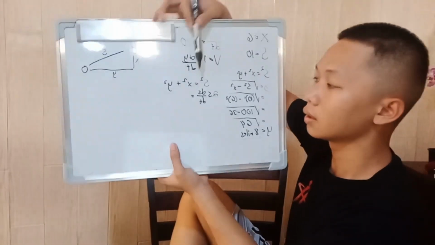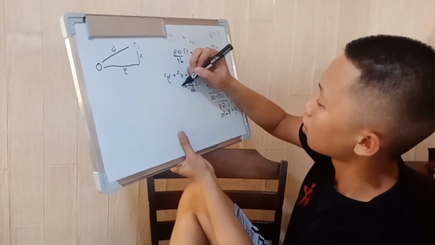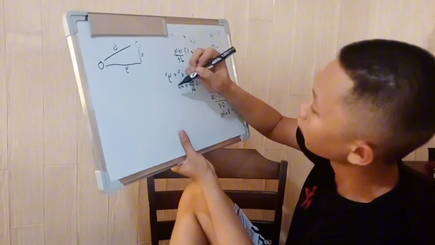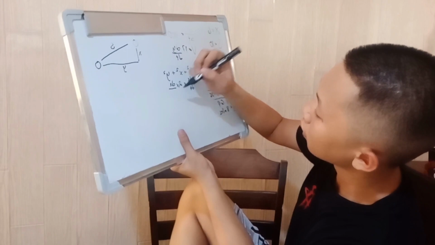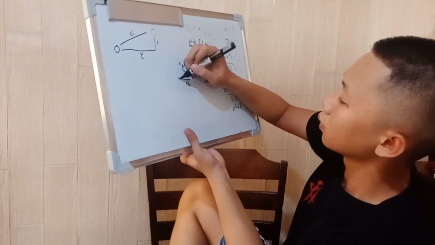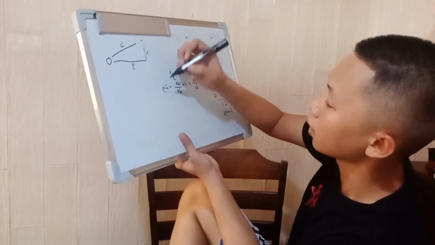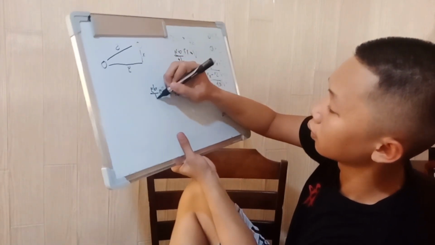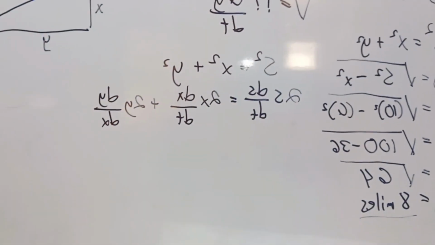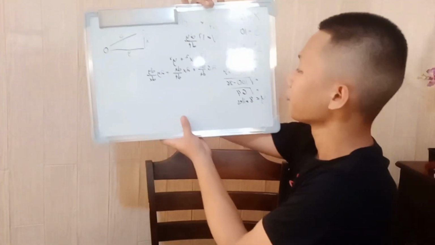And then the derivative of x squared is 2x dx over dt. Right? And the derivative of y squared is 2y dy over dt. I hope this is very clear.